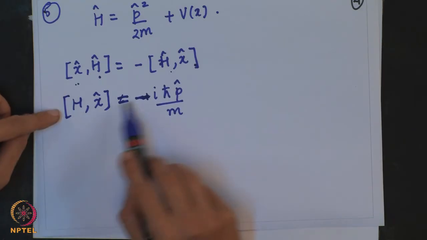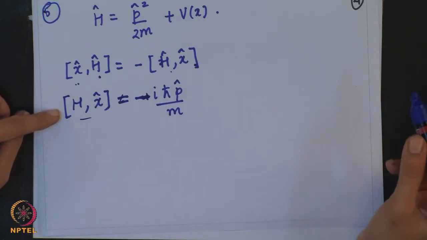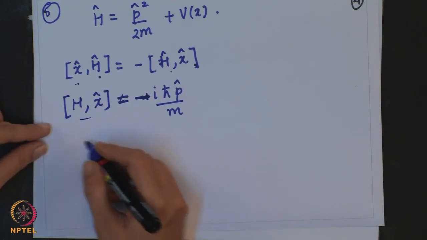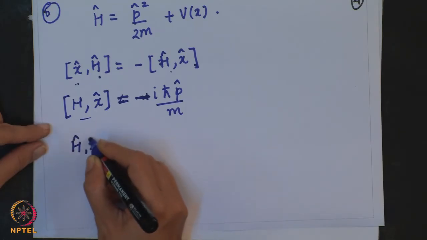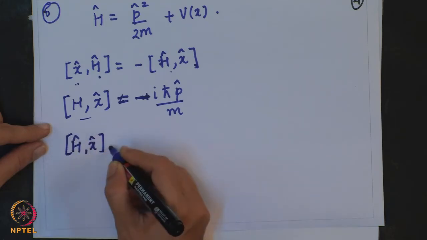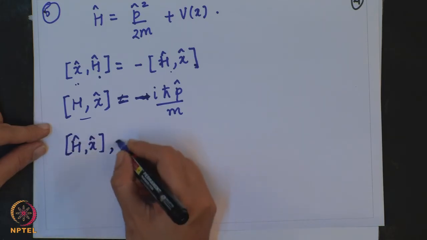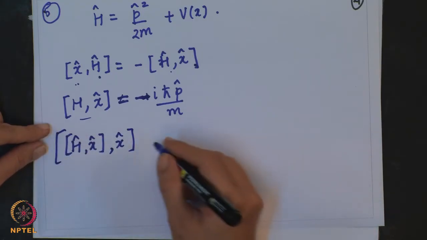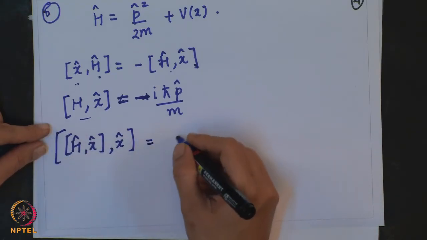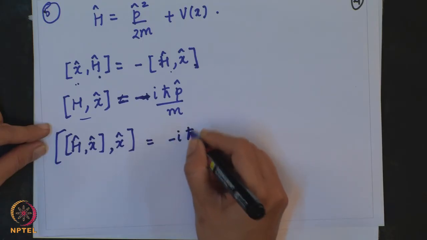So, this would give me this value, right. Now, what we do is we take the commutator of H and x and then commute it with the operator x again.